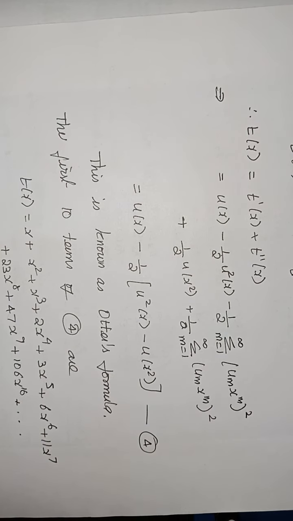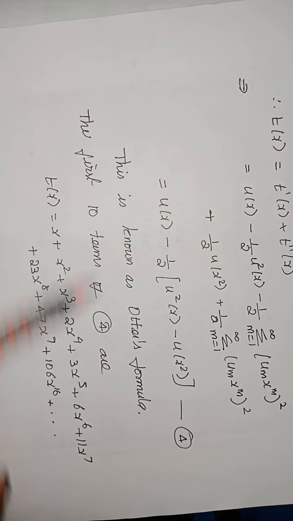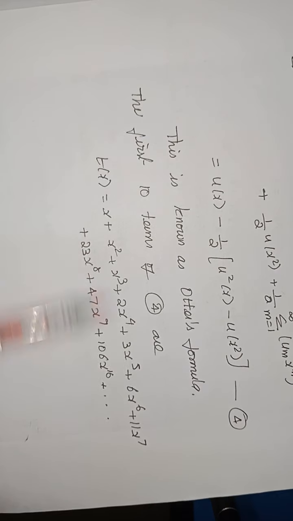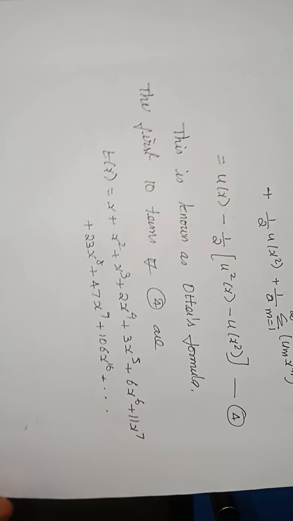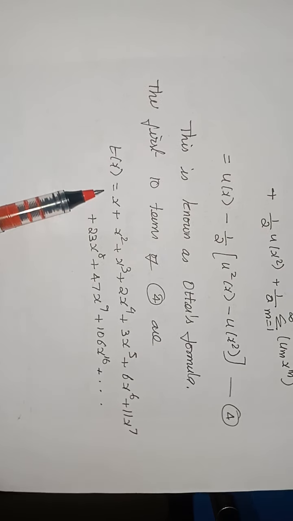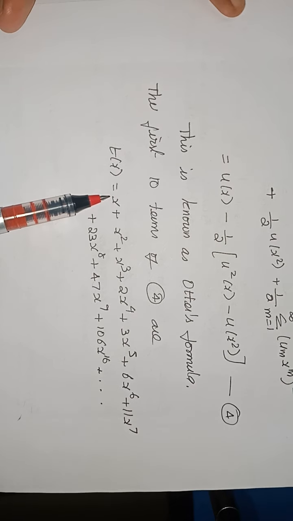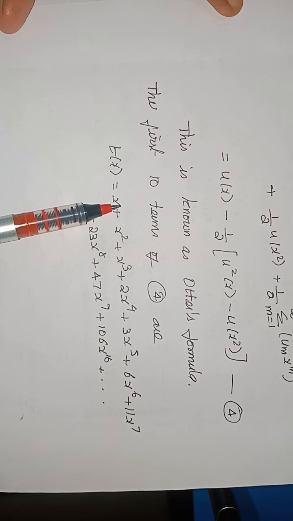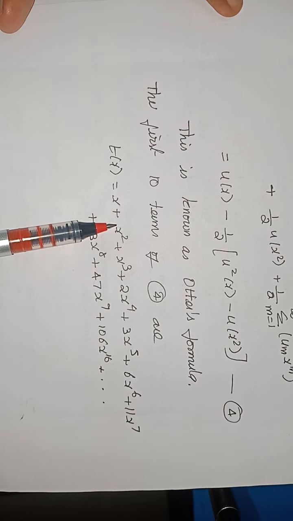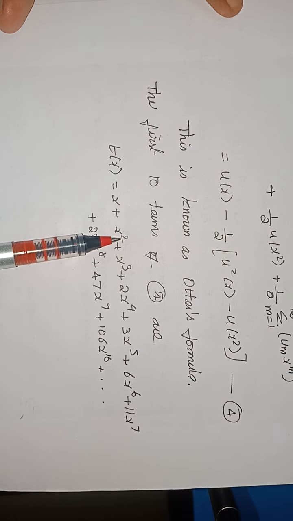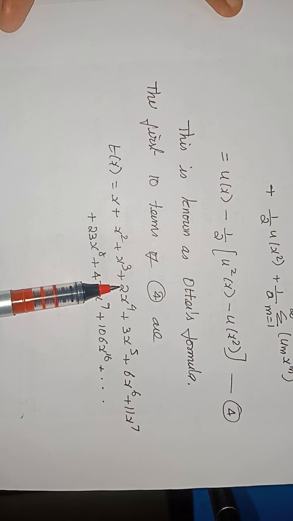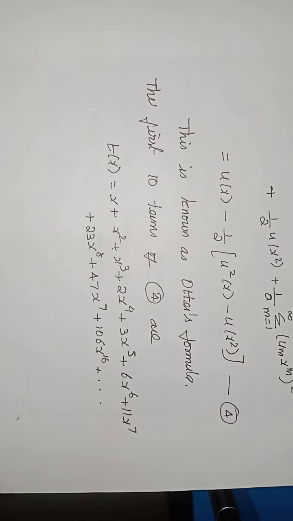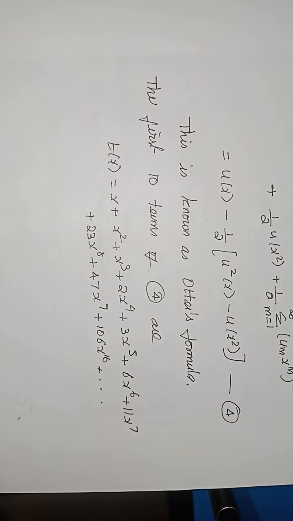This is called Otter's formula, and if we find the generating function, you will get this answer. So looking at the coefficients, we can find one and only one unlabeled tree with one vertex, one unlabeled tree with two vertices, one unlabeled tree with three vertices, two unlabeled trees with four vertices, etc. That's how we can find the number of unlabeled trees.